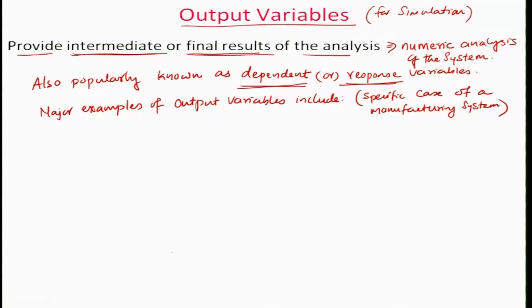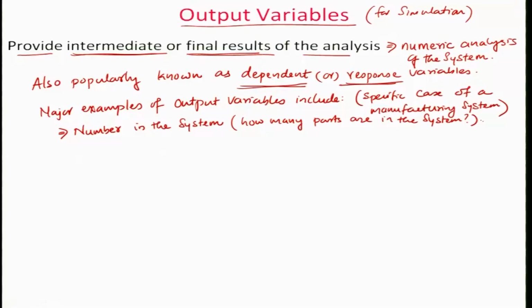For that case, some of the output variables included are number in the system, which tells you how many parts are in the system. You are answering that question, most commonly known as number in system. So, it is an example of an output variable.